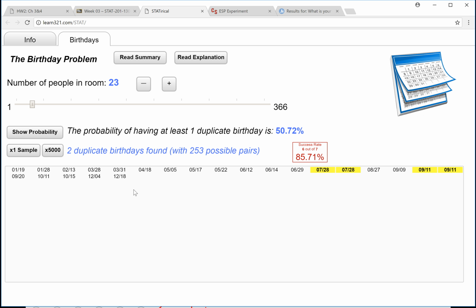If you want to know how to calculate the probability, all you have to do is say, what's the number of ways that 45 people can have a unique set of birthdays, in other words, no shared birthdays. That turns out to be a permutation. It's 365 factorial divided by (365 minus 46) factorial.